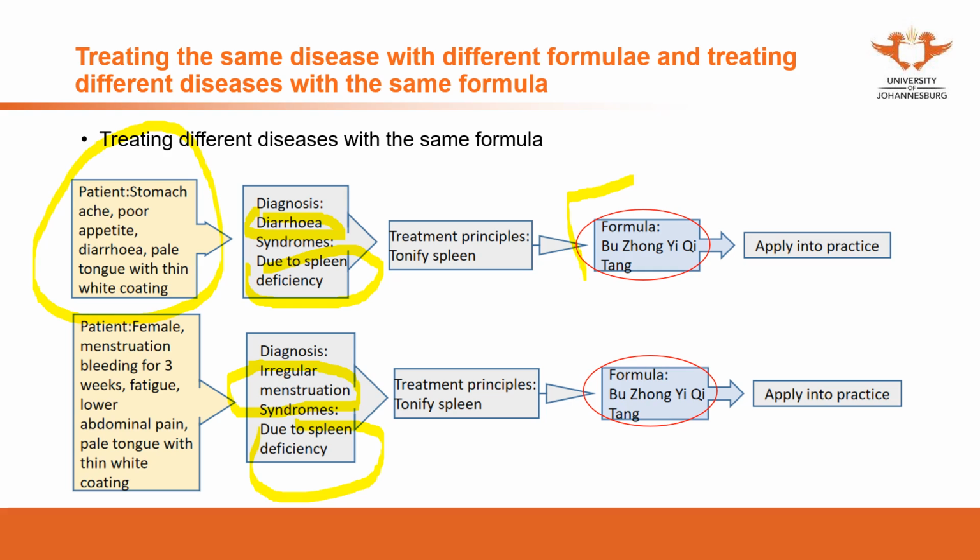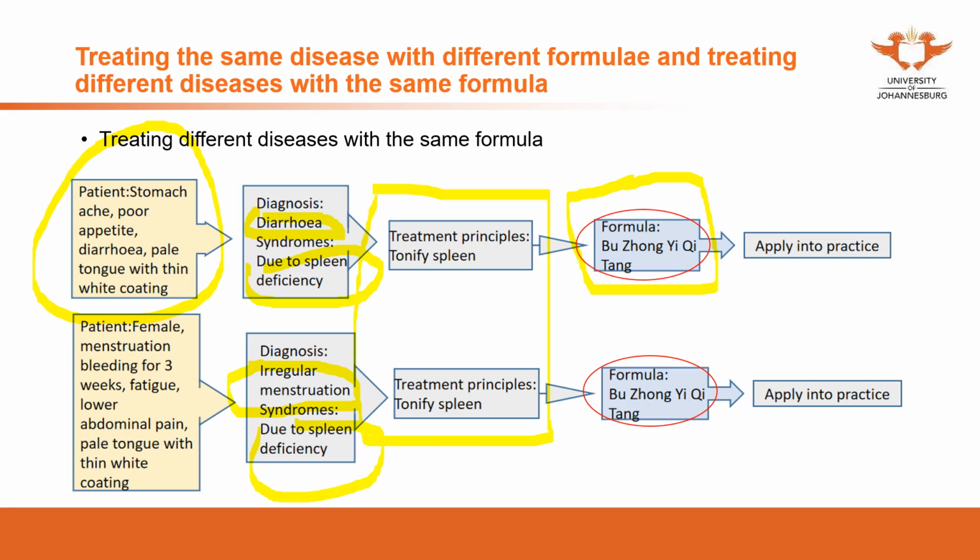As we said, you can also use acupuncture points, for example, 中脘 and some other points to tonify the spleen, stomach 36, to mention some as an example. What's important in this whole process is the treatment principle. Why can you use the same formula to treat very different diseases?